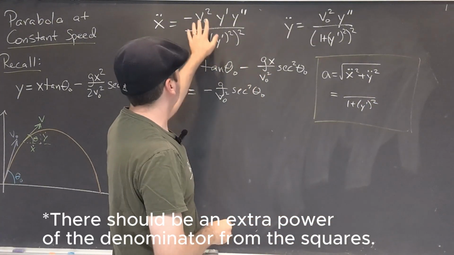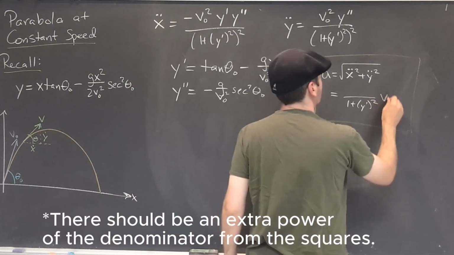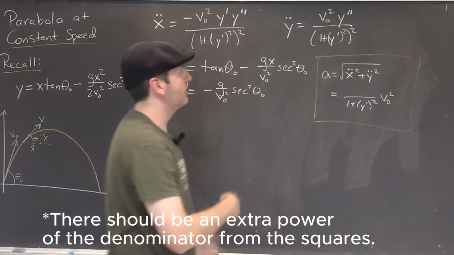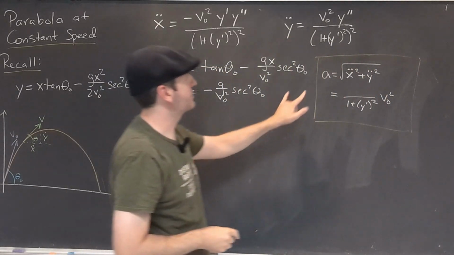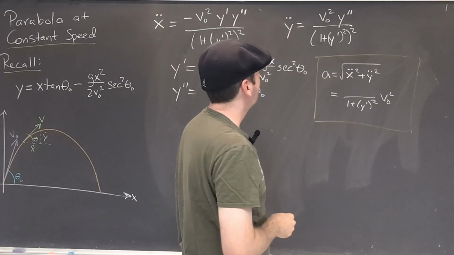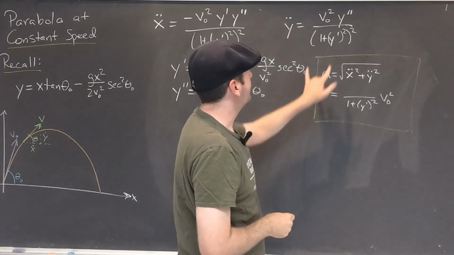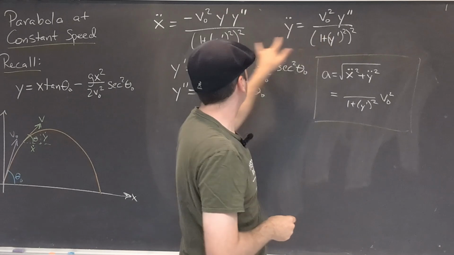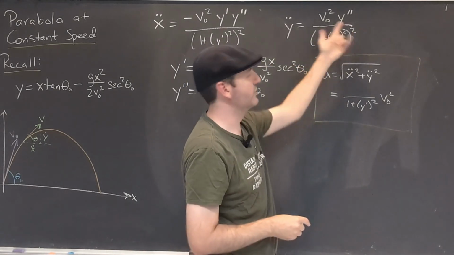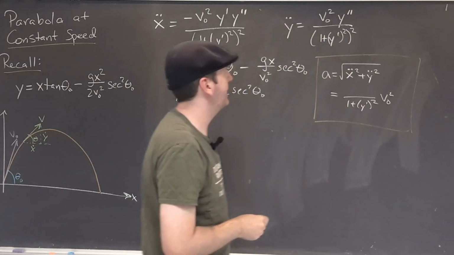And then upstairs, we'll have this v naught squared, which will come out of the square root once we square each term. Notice also, you might think, okay, what about these? They do both have a common factor in the denominator. I pulled it out of the square root with that square, so that's what's left behind.